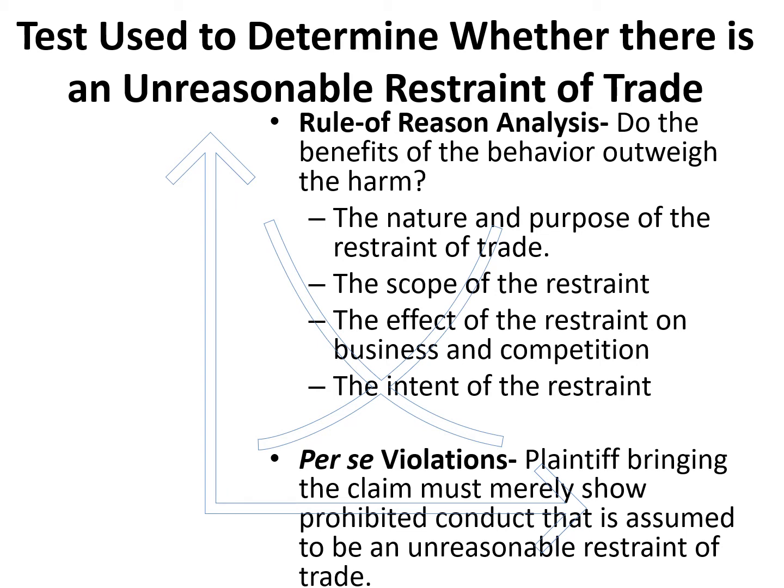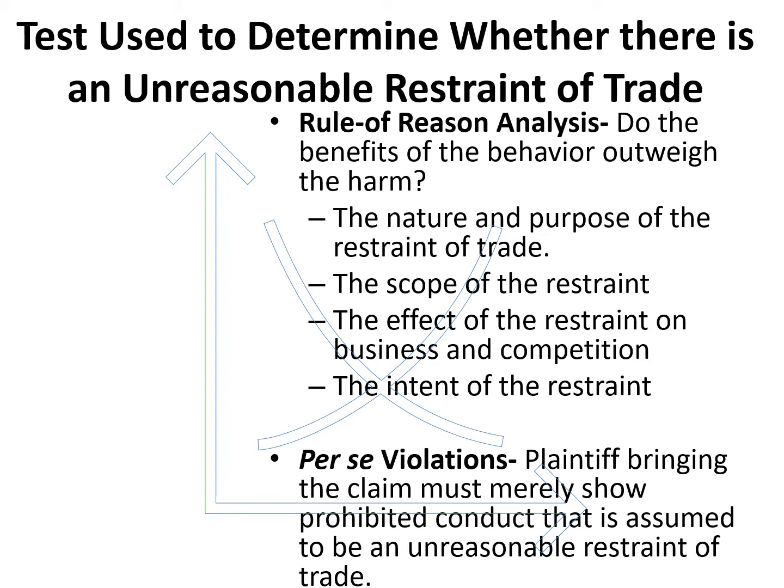So in our example, do the benefits of the sellers fixing their prices at $20, therefore keeping their level of profit at their target, outweigh the harm it does to the market for the buyers who are looking to purchase? So how do we figure that out?